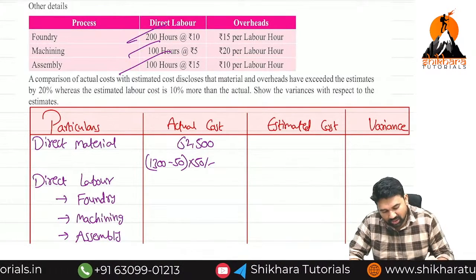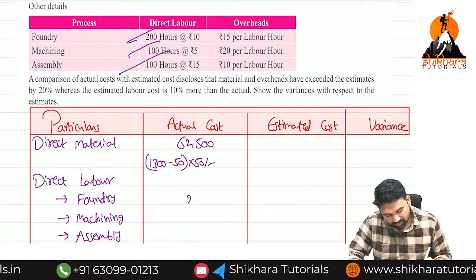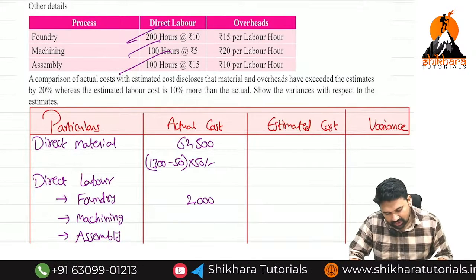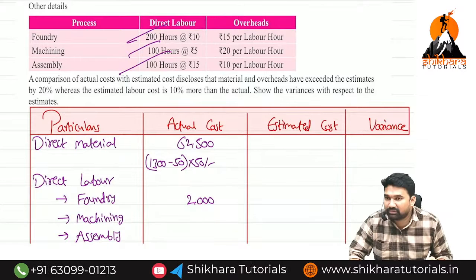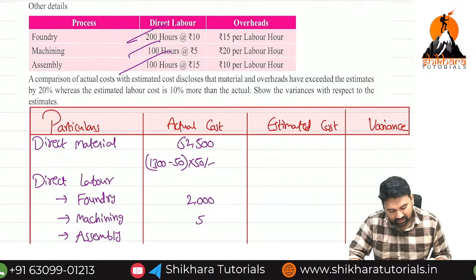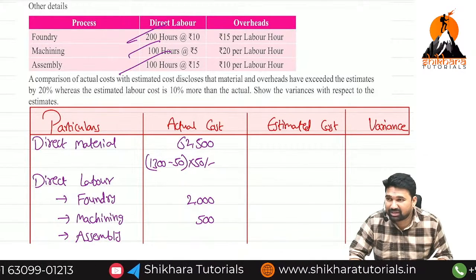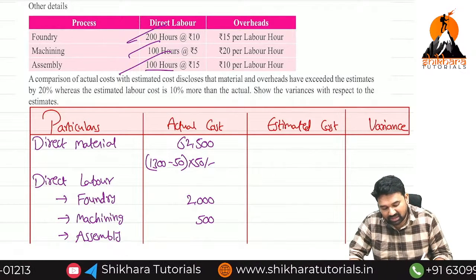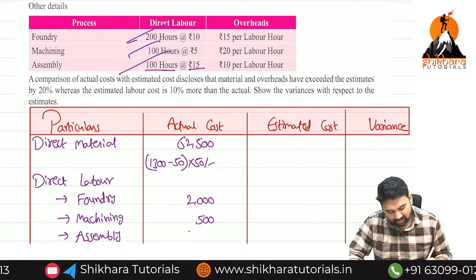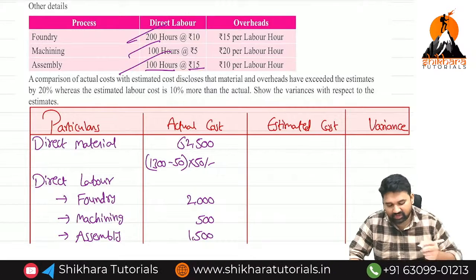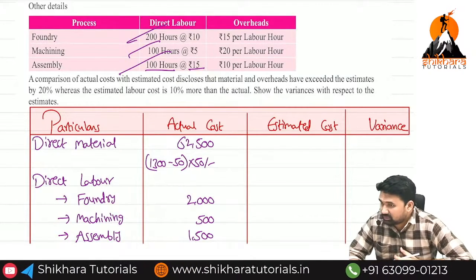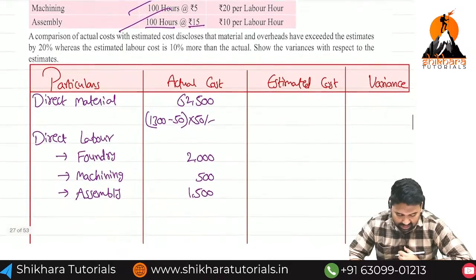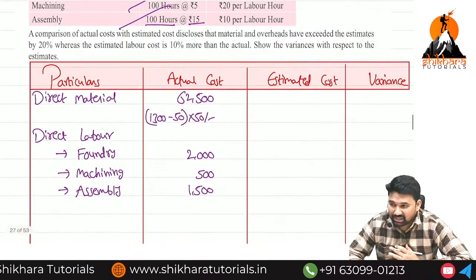Foundry is 200 into 10, which is 2000. Machining is 100 into 5, 500. Assembly is 100 into 15, 1500. So these are the actual direct labor costs.